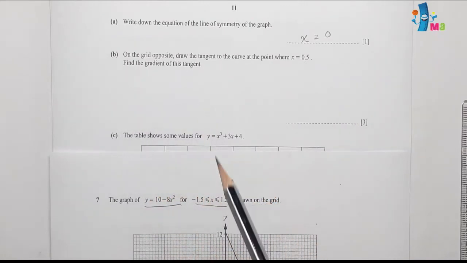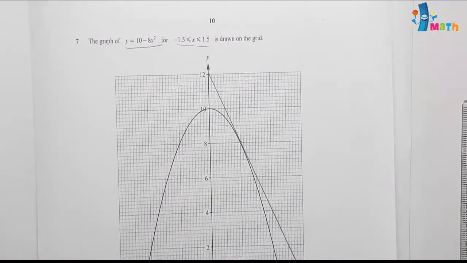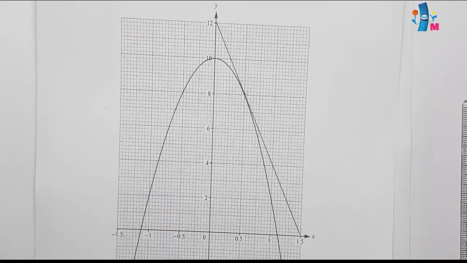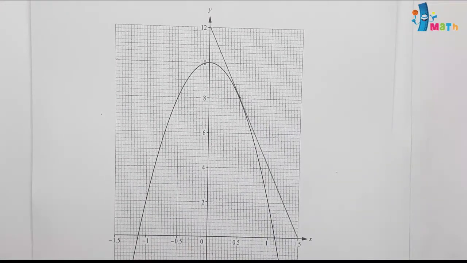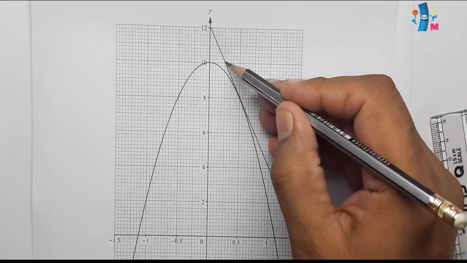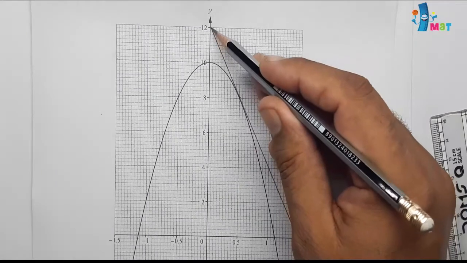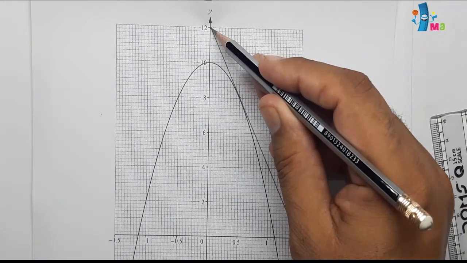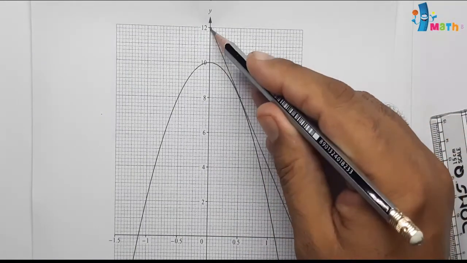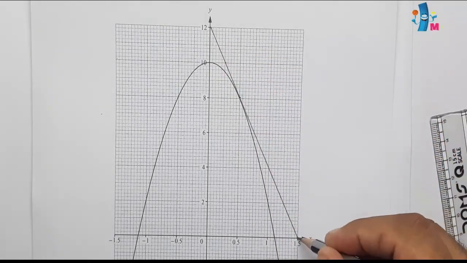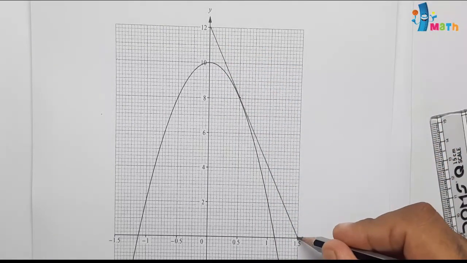Find the gradient of the tangent. So gradient of tangent, you know, is rise over run. So we'll take 2 points on the straight line. For example, we can take this point, which is 12. So this is 0 and 12, and this point also we can take 1.5.